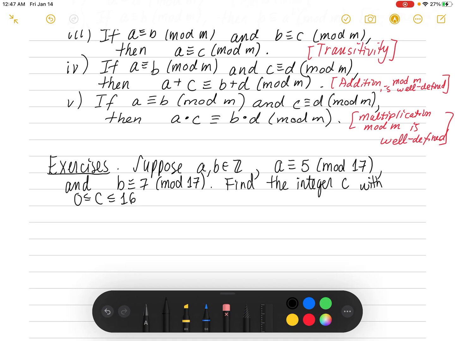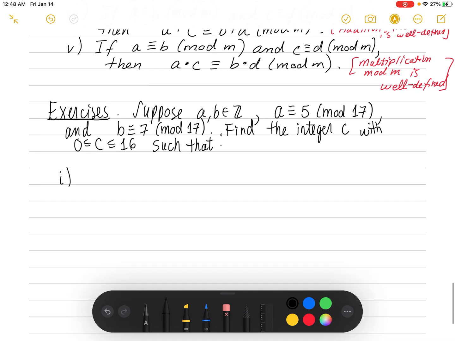So C is not allowed to be negative, and C cannot be 17 or more, such that the following happens. Let's do number 1 here. We want C to have this special property: it's congruent to 5 times A mod 17.